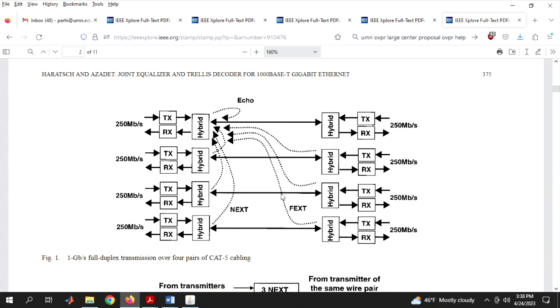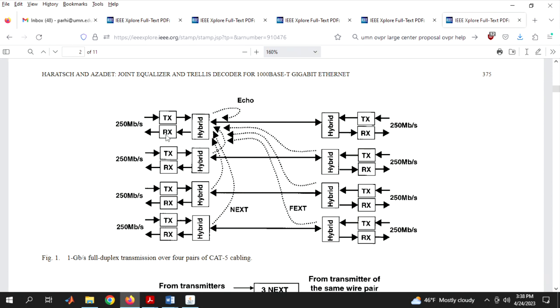If you look at the cable, it has 4 different transmitters and receivers. This is the transmitter and the right side is the receiver. At the transmitter we have transmit as well as receive, and there are 4 such independent transceivers.